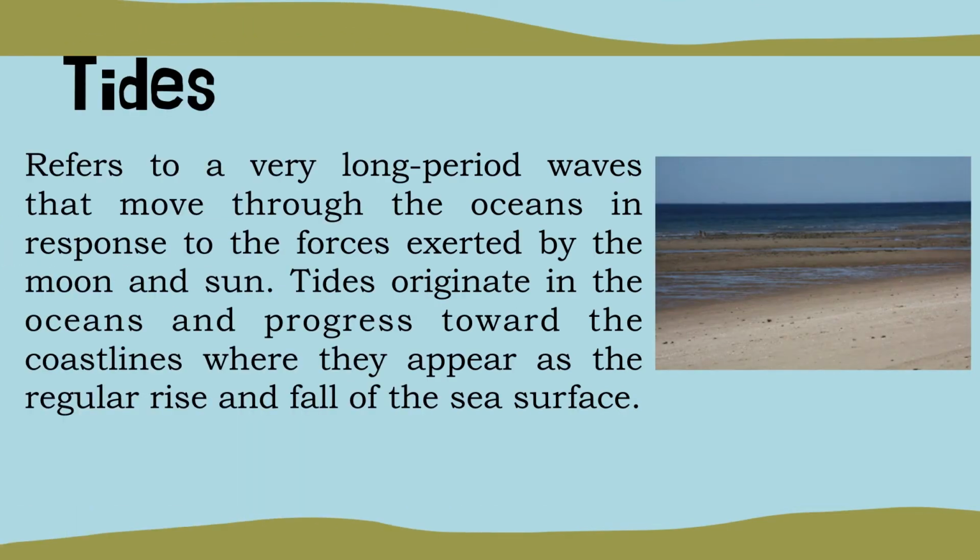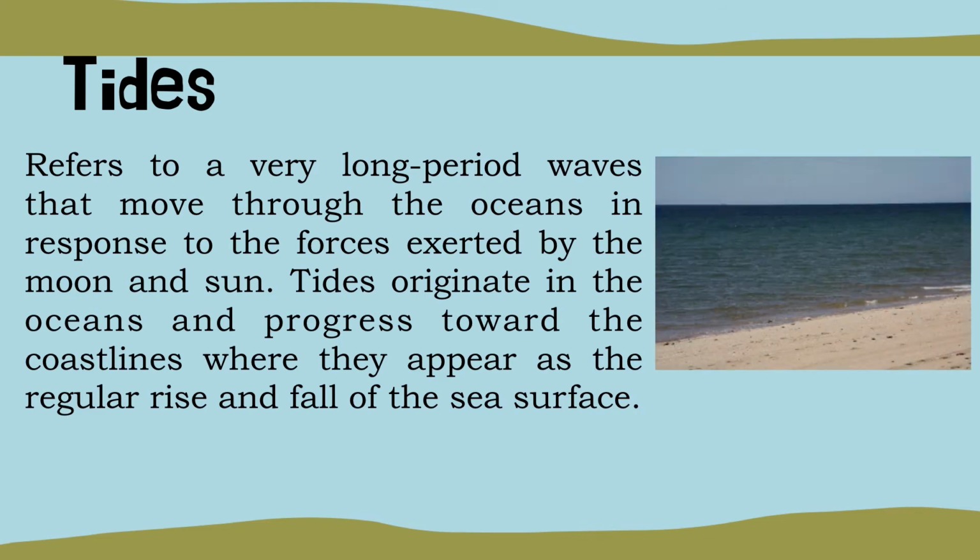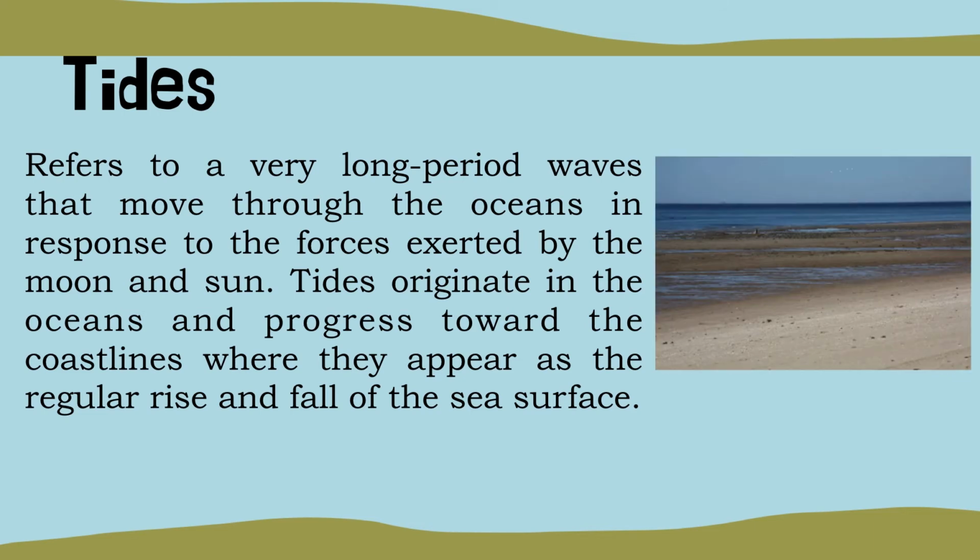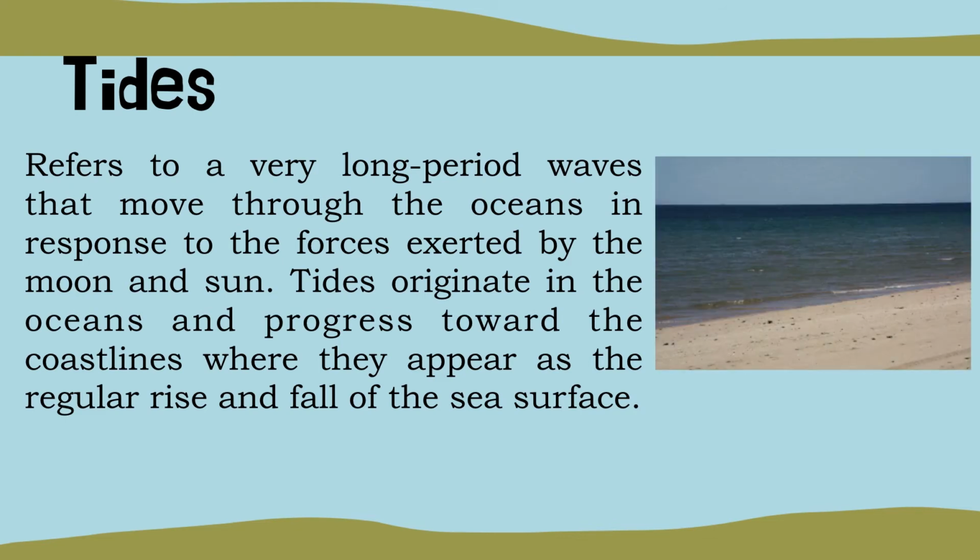Tides refers to very long period waves that move through the oceans in response to the forces exerted by the moon and sun. Tides originate in the oceans and progress toward the coastlines, where they appear as a regular rise and fall of the sea surface. Or in simple terms, tides are caused by the gravitational pull between the Earth and the Moon.